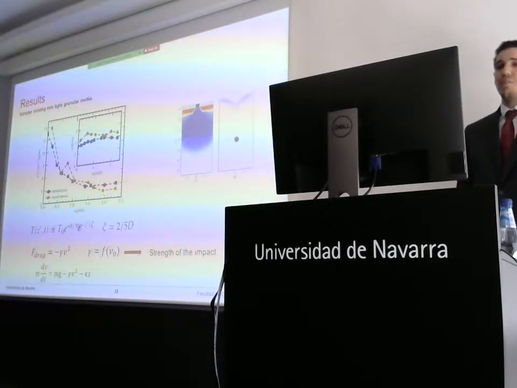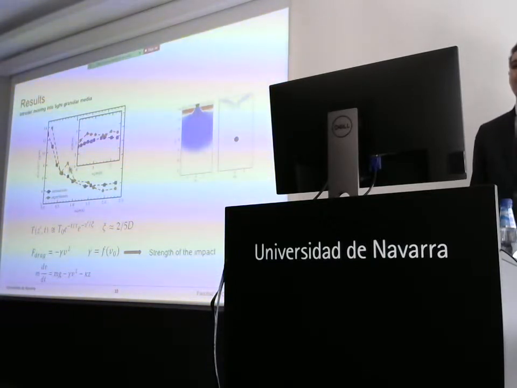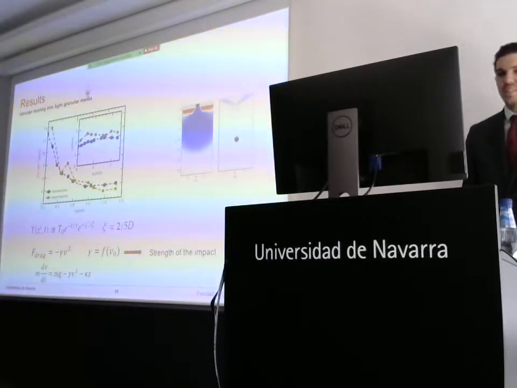So this slide summarizes the main results that we have found. Firstly, the viscous parameter depends on the impact velocity. However, the frictional parameter doesn't change with the impact velocity, or at least it changes less.